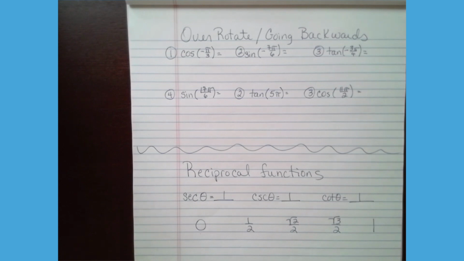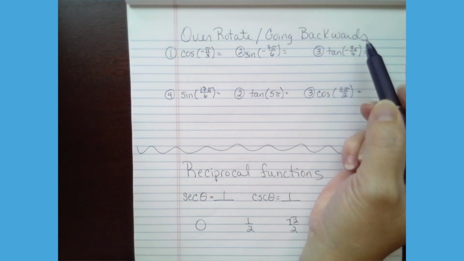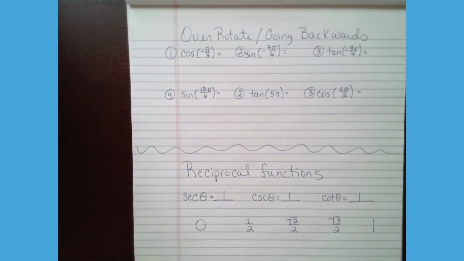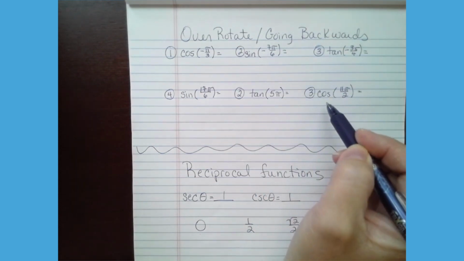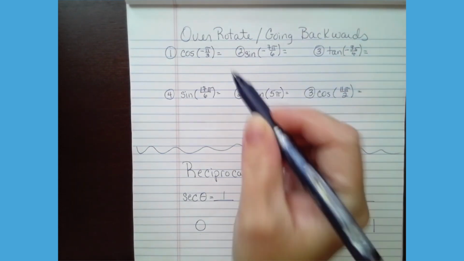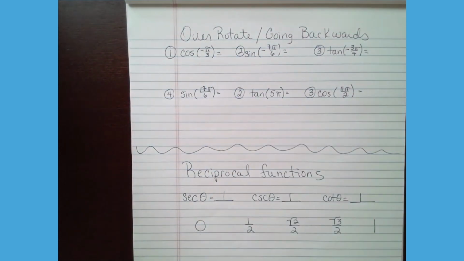That's what I call going backwards, because normally in a unit circle you go counterclockwise, but now we're going to start at 0 and go backwards. So if I want to find the cosine of negative pi thirds, I have to travel to that place on the circle.